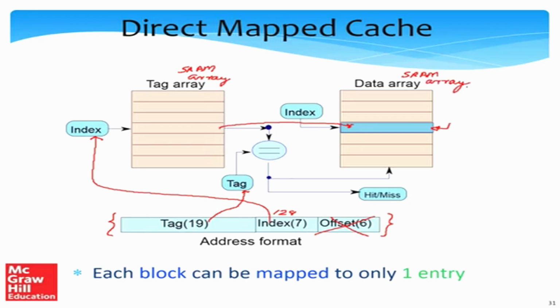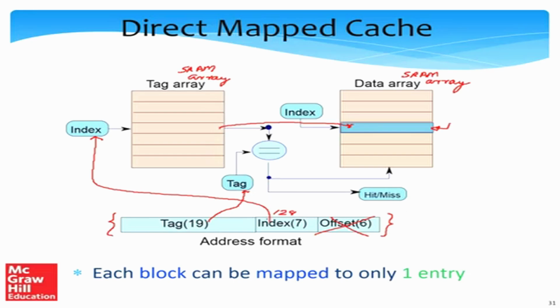Both the tag array and the data array can be an array of SRAM cells. Both of them in this case will have 128 entries, but a given block cannot reside anywhere. It has a fixed place. And the place is decided by the least significant 7 bits of the 26 bits that remain after removing the block offset from the address.